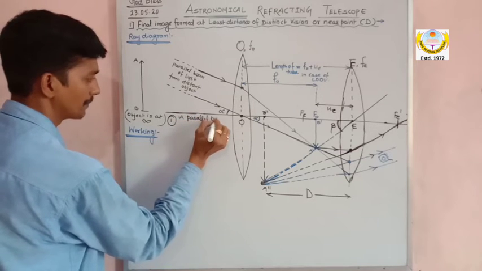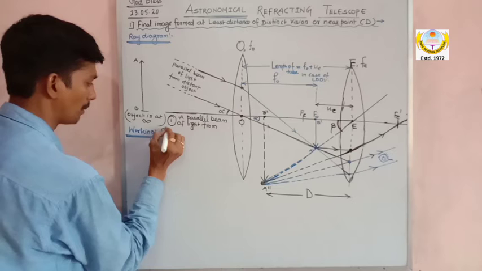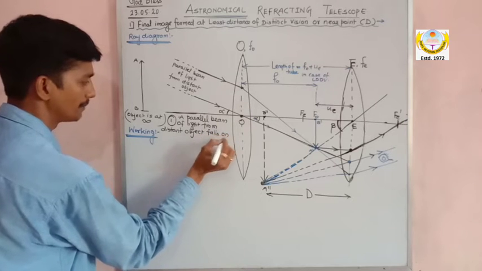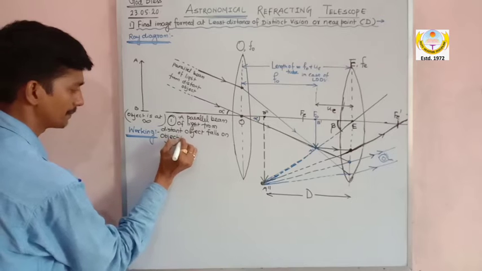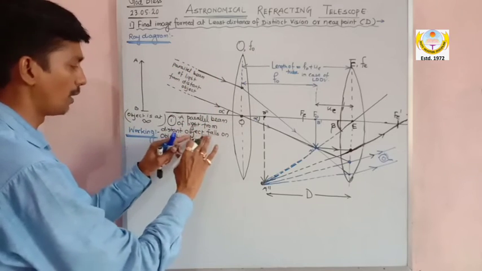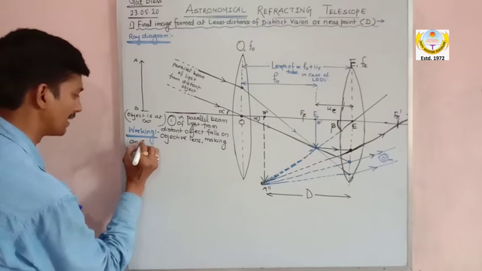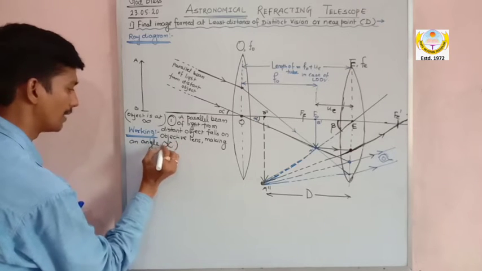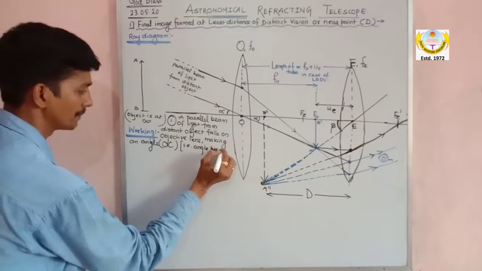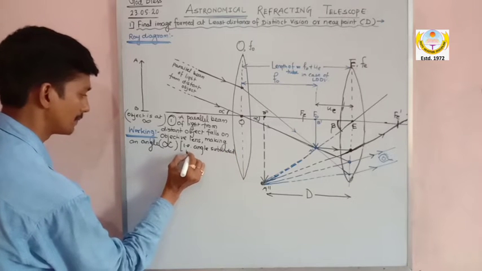A parallel beam of light from distant object falls on objective lens, making an angle alpha, that is the angle subtended by the object.